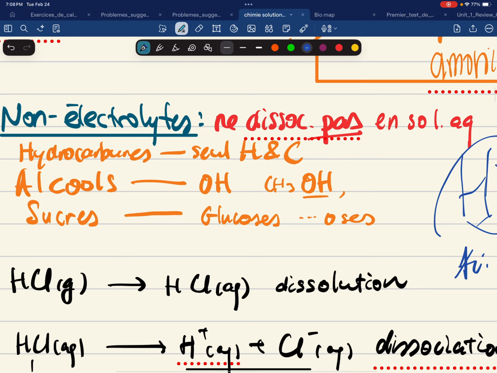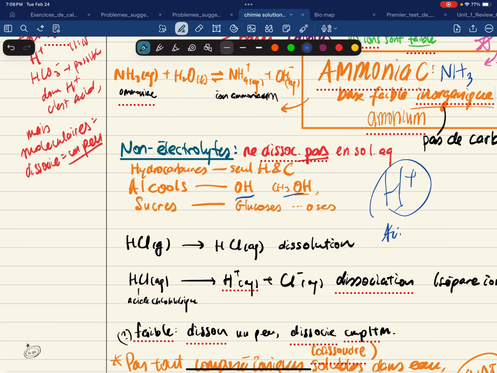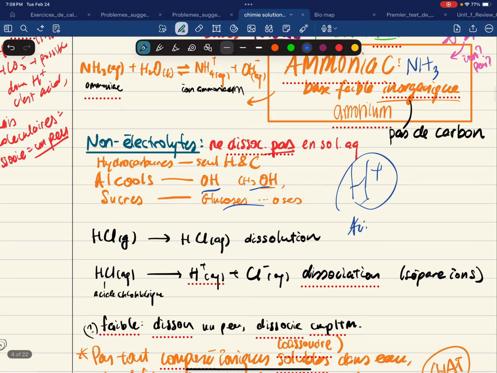And alcohol, all the stuff with OH, CH3OH. These are also with C and H, a carbon chain with OH, CH3, CH2OH, and sugar. So all the fructose, galactose, glucose. Hydrocarbures are examples of non-électrolytes.